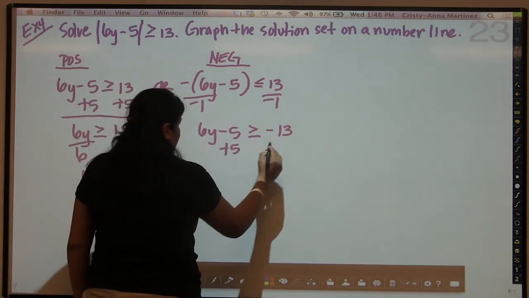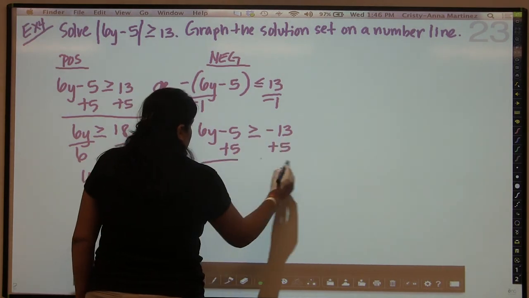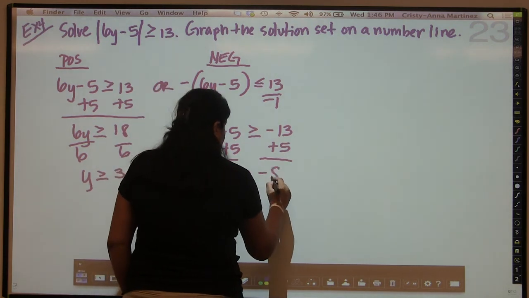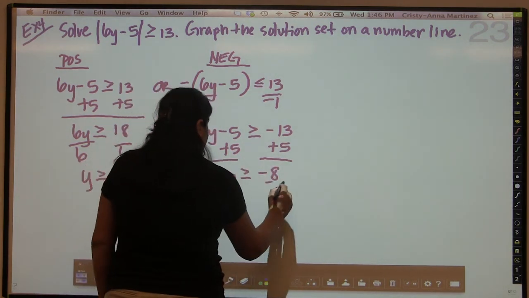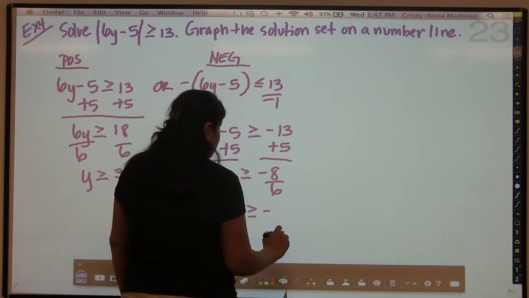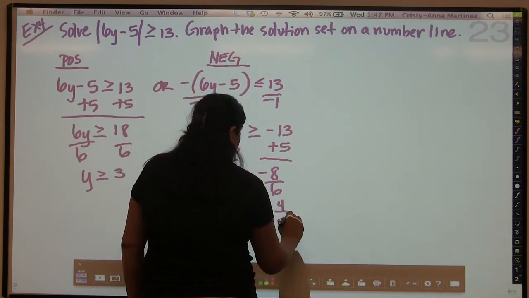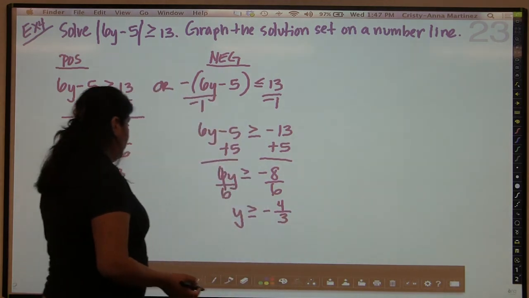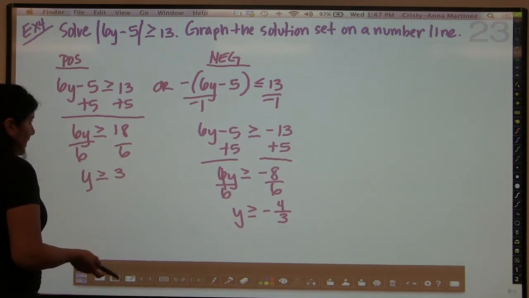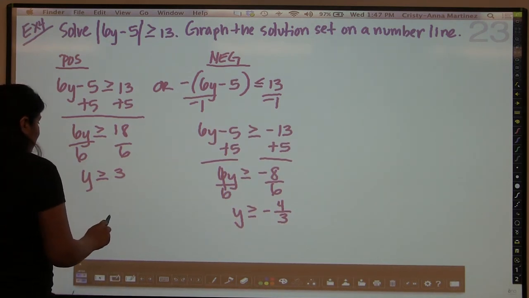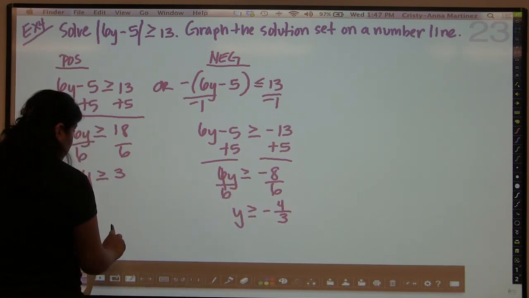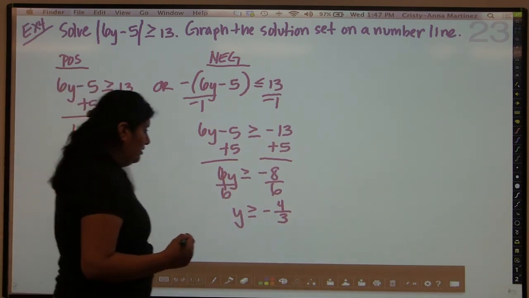So we're going to add 5, 6y is greater than or equal to -8, divide by 6, y greater than or equal to negative, and 2 goes into 8 4 times, and 2 goes into 6 3 times, so -4/3. And this is my answer. I'm going to write it in interval notation. So if I want to say, we're going to do the negative one first, we're going to go from negative, it's going to be greater than -4/3.